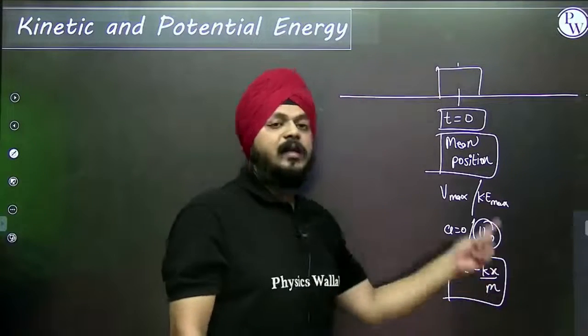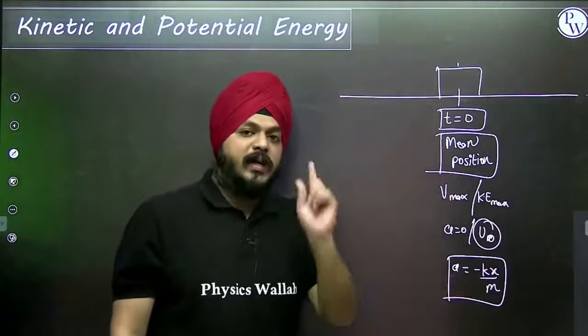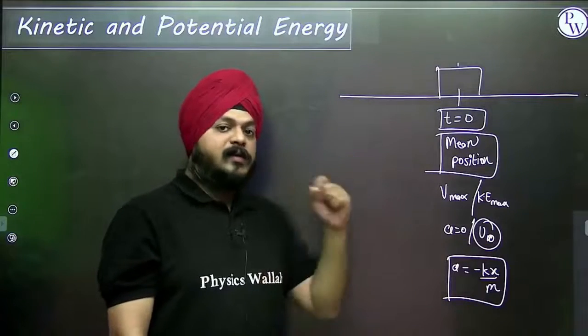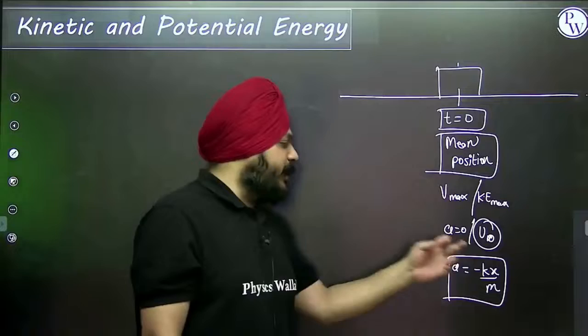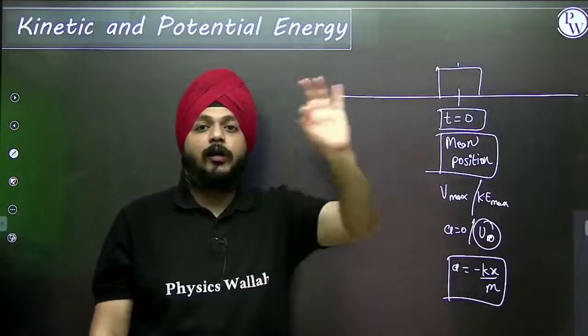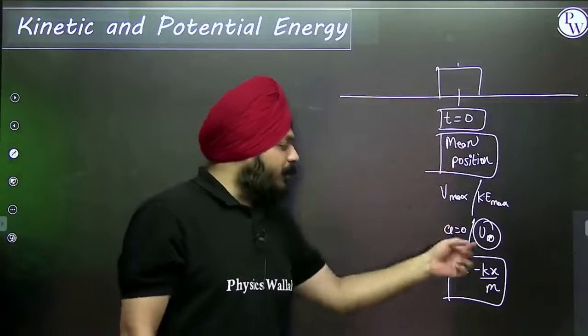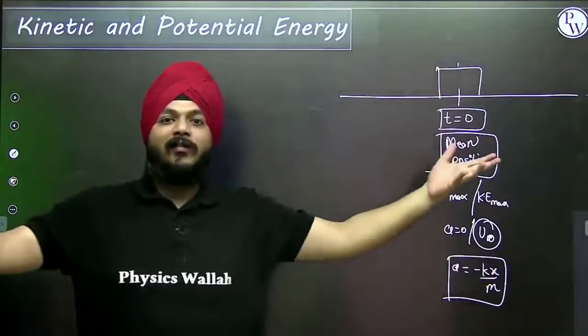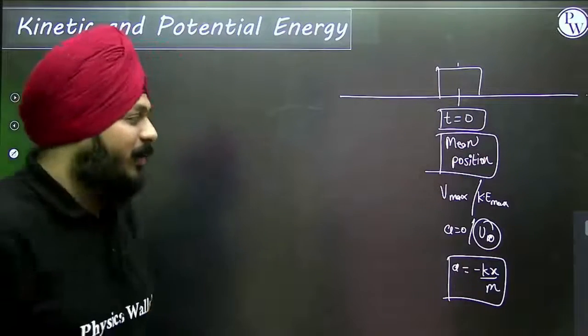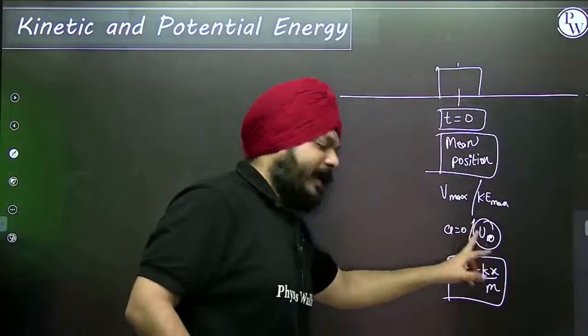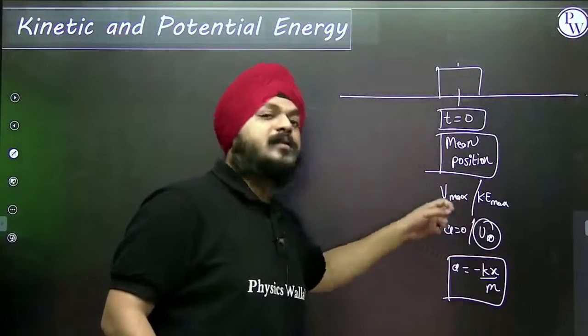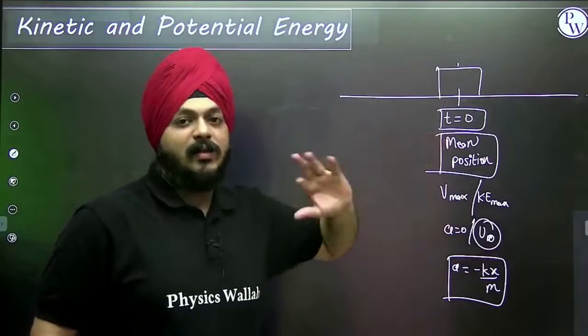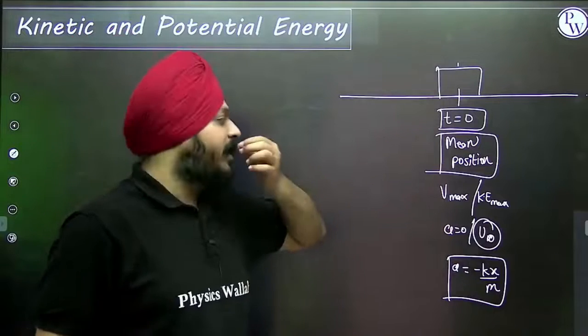Here x is an elongation or the compression that is measured in the spring, when external force is applied. At the mean position x is 0, it means elastic potential energy is also 0. Indirectly I can understand potential energy has a relation, but we are going to discuss that in a different way.